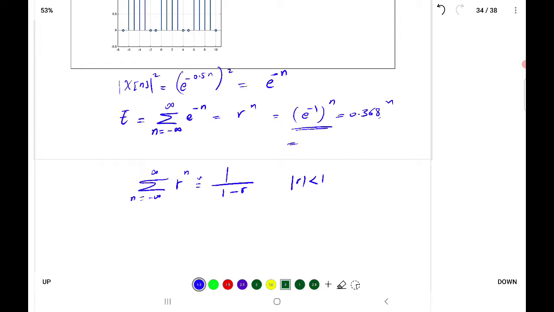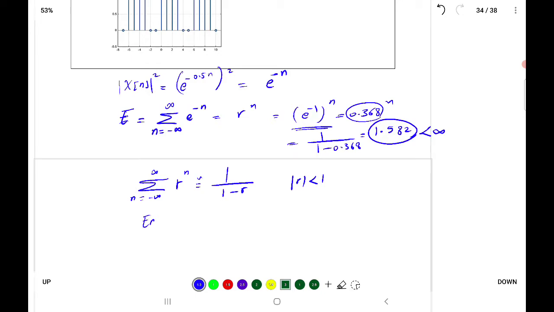Since this r is less than 1, it will be equal to 1 over 1 minus 0.368, which is equal to 1.582. So the energy is a finite value, it is not infinity. So you can say this signal is an energy signal.